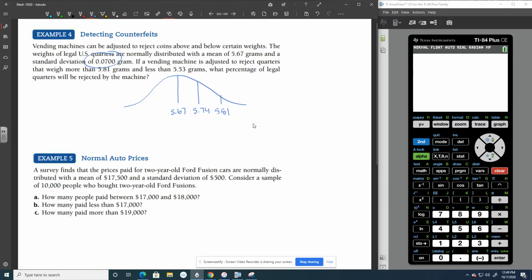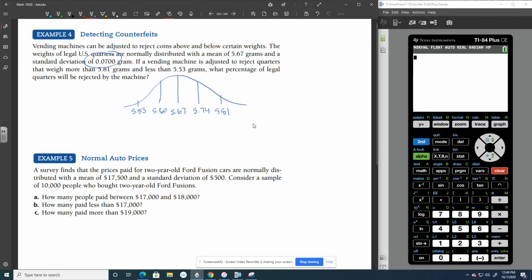Now going to the left, 1 standard deviation, I've got to minus that 0.07, so I'm going to get 5.60. And then to go 2 standard deviations, I minus 0.07 again, and I get 5.53. Okay, now I'm all right with my picture.